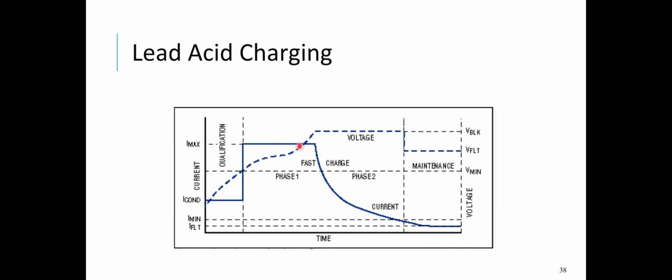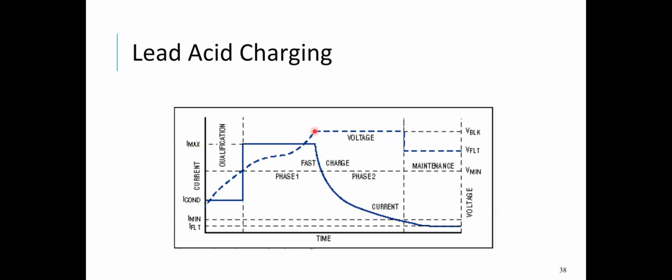As the battery gets charged using this constant current phase, the voltage of the battery increases, right? And this constant current is defined by the manufacturer, and that's the maximum charging current that the manufacturer specifies.